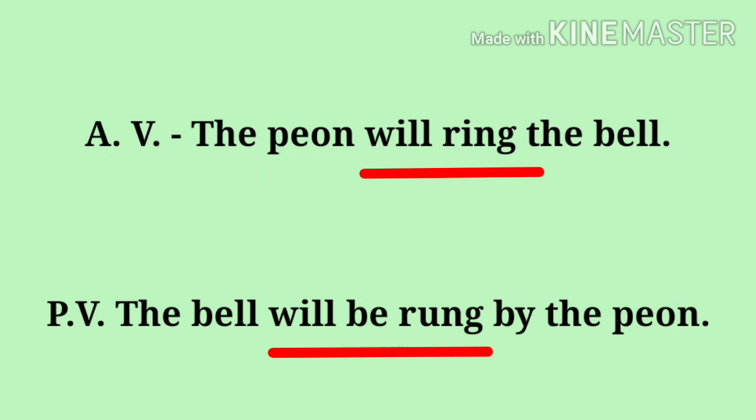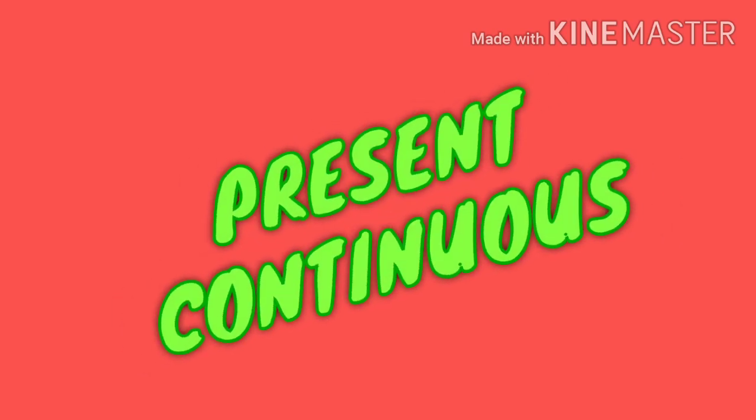So the sentence the peon will ring the bell changes to the bell will be rung by the peon in the passive voice. So this was how to convert the sentence into passive form when the sentence is in simple future form in active voice.